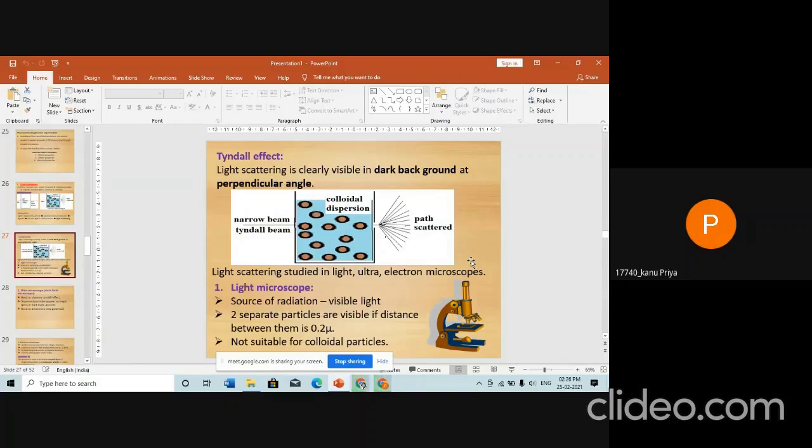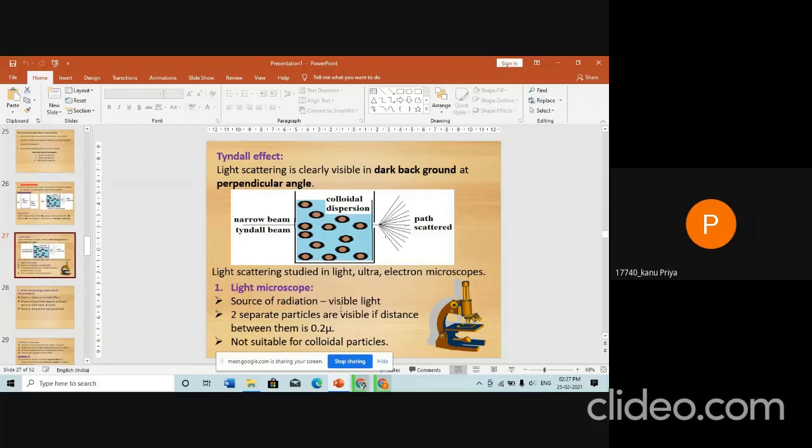When an intense, narrow beam of light is passed through a colloidal dispersion medium, its path is visible due to the scattered light. This scattered beam is called the Tyndall beam, and it is studied in the light and ultramicroscope, and electron microscope.